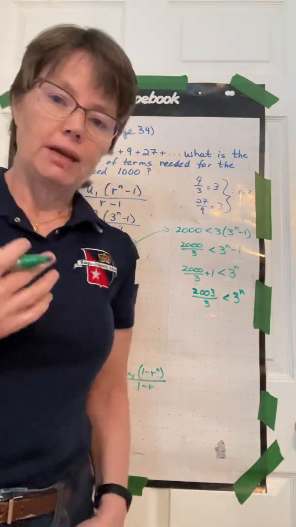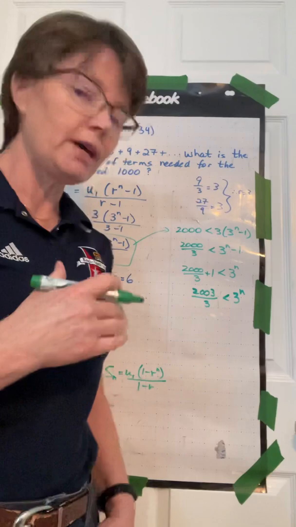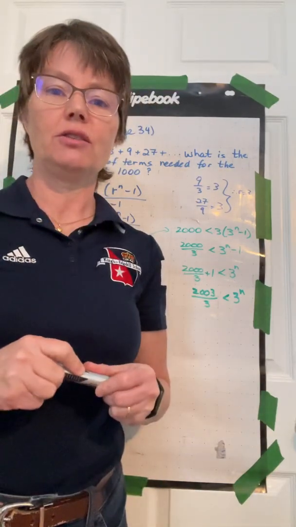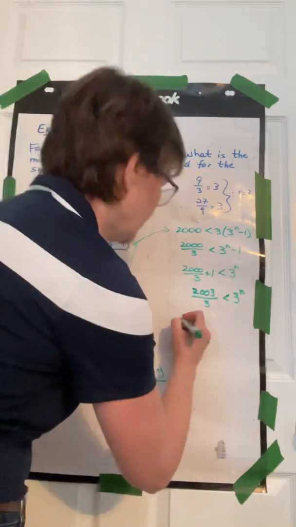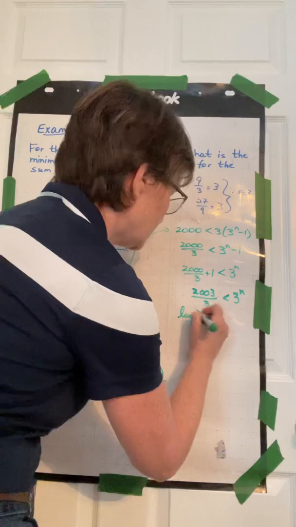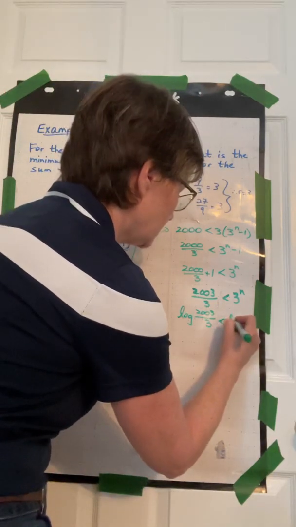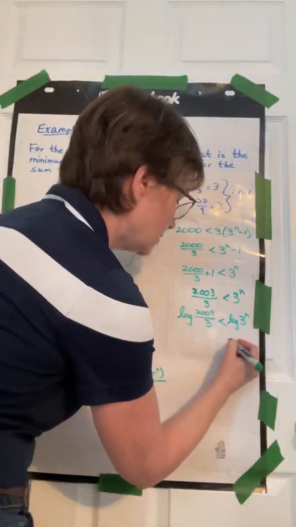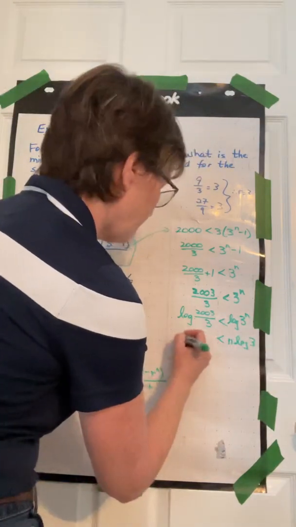Now, we could rearrange into a log statement, or we can log both sides of the equation. When I'm dealing with inequalities, it's best to log both sides of the equation so that you make sure you have that inequality facing in the correct direction. So logging both sides. Sorry about that background noise, guys. Okay, law number 3 tells us we can bring that exponent down in front there.